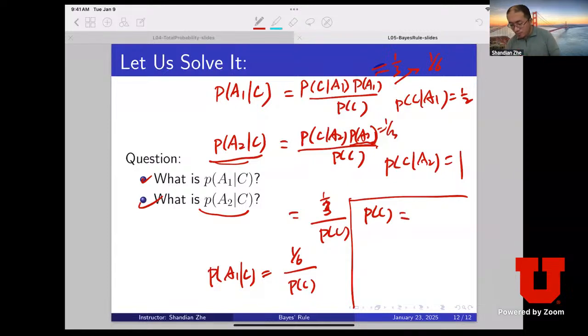To calculate this, how can we do that? Exactly, just apply total probability again.